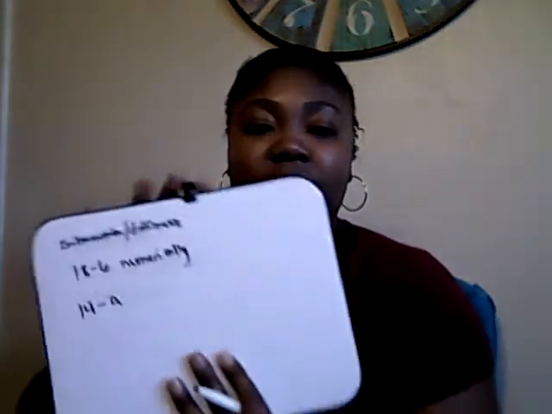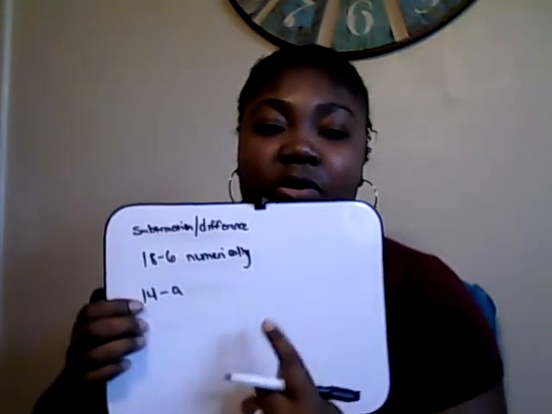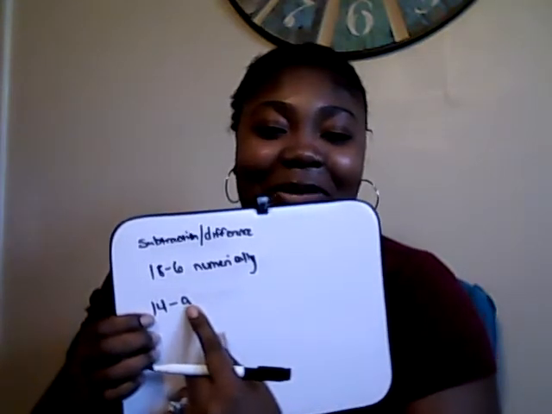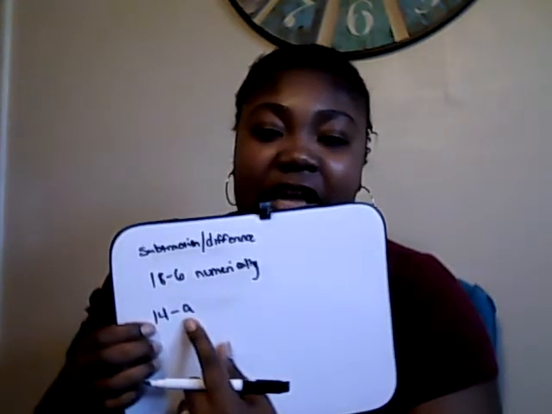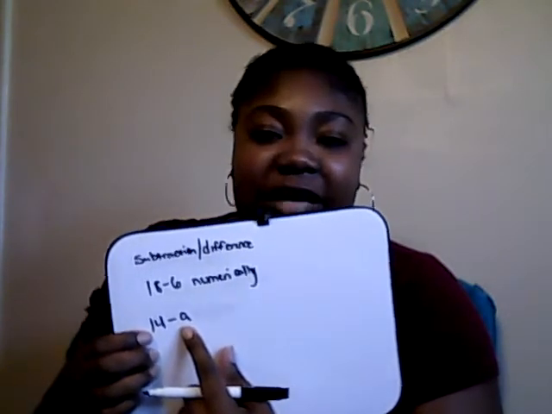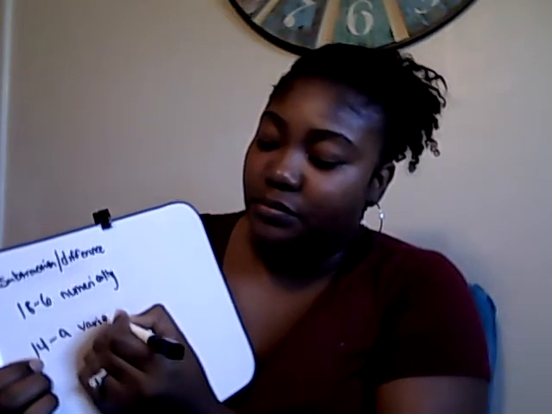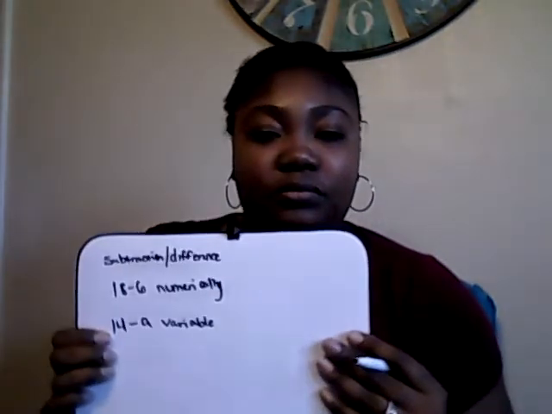It can be written as 18 minus 6 numerically, and with a variable it could be written as 14 minus 8 with a variable, and the variable is just the alphabet letter that's in there. So A through Z is basically the variable.